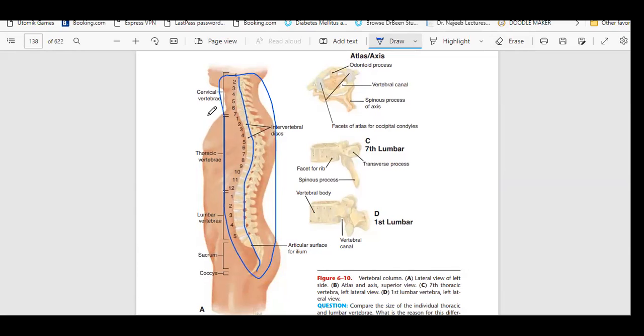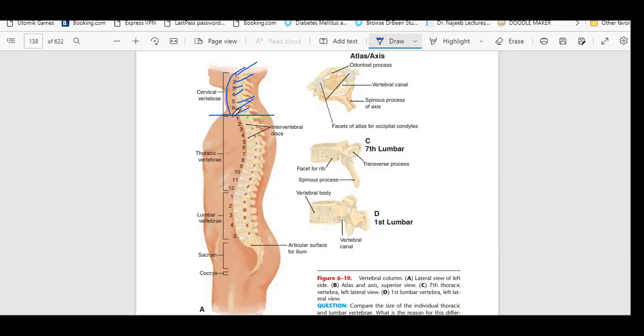So according to the area, the bones are divided. Let's see each and every division. This is the cervical area. Cervical bones are 7 bones: 1, 2, 3, 4, 5, 6, and 7.